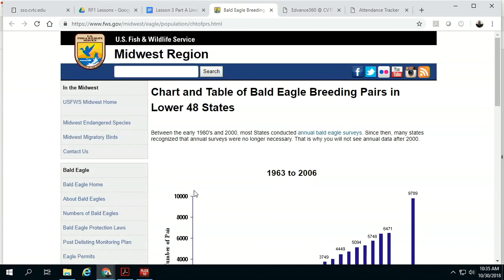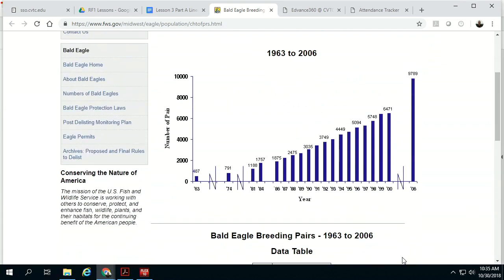This is from the Fish and Wildlife Survey. This is the actual numbers that there were.